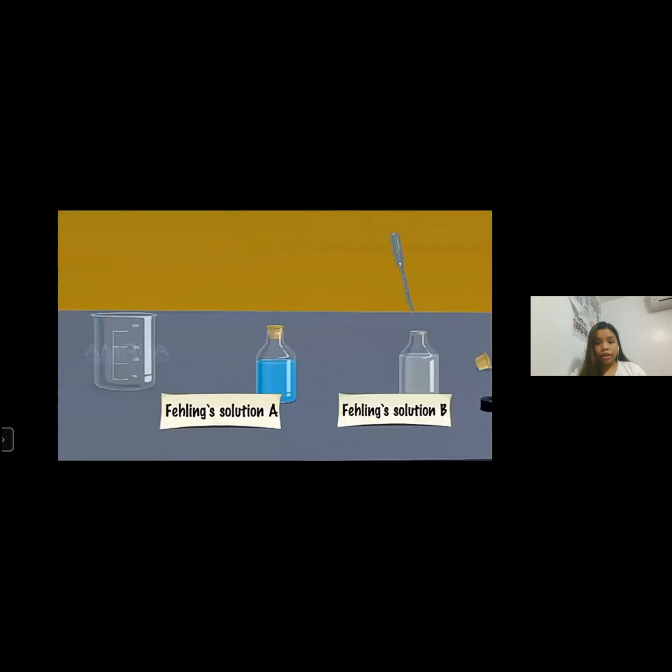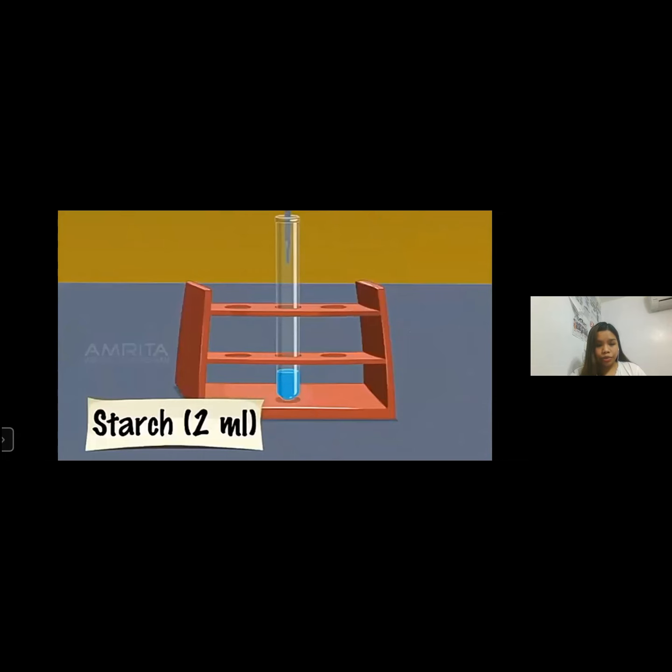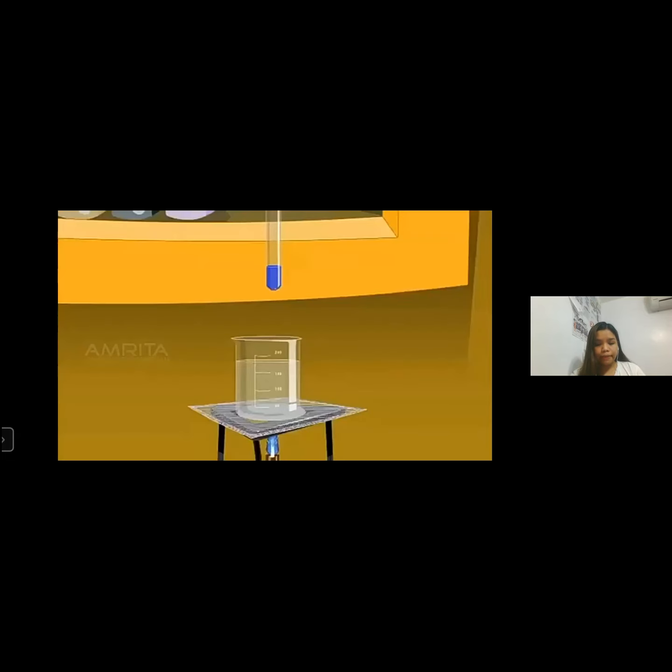Now we're going to take another 2 ml of Fehling's solution B. Same procedure, we are going to add it into the 2 ml solution of starch. Now you can see that it turned also into a deep blue color. Now we are going to place it into boiling water for a few minutes.